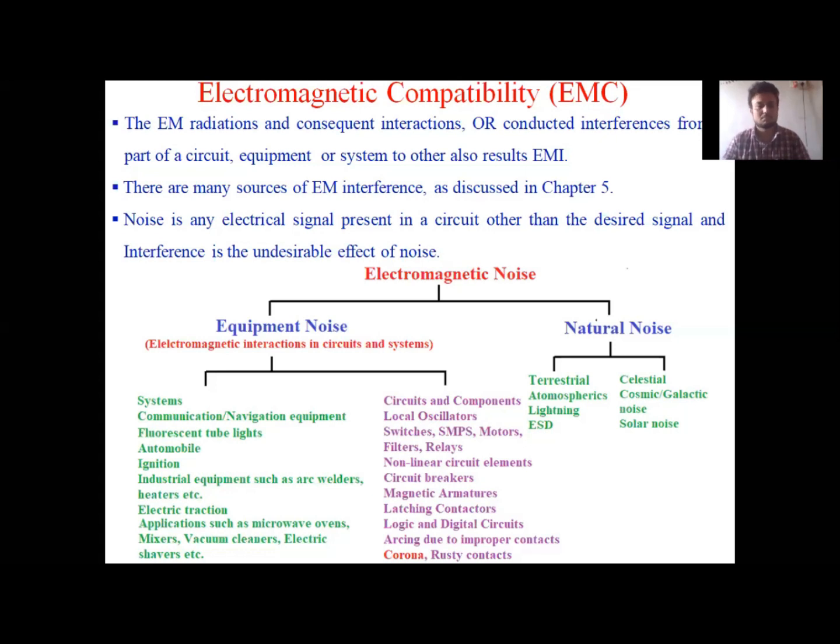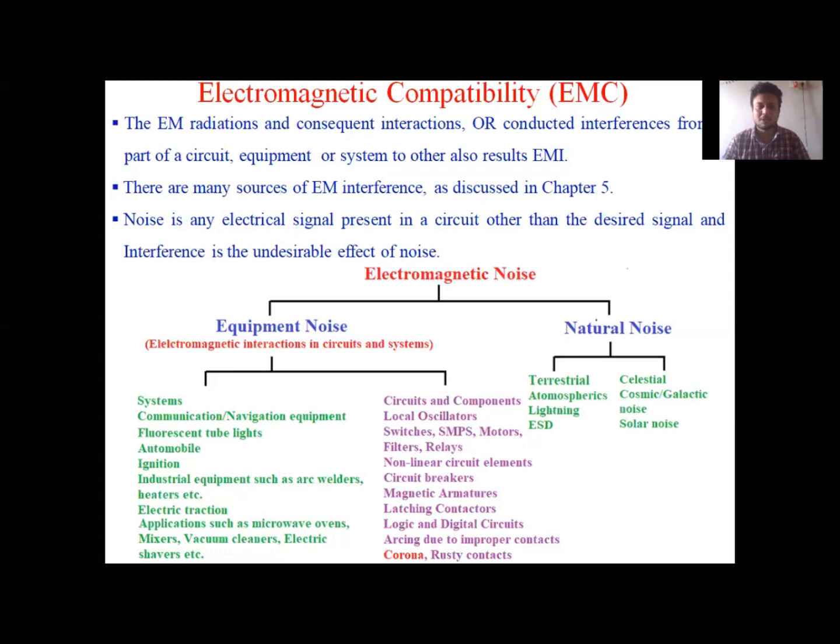And natural noise occurs because of natural phenomena. So what are the devices? When I'm talking about equipment noise or man-made noise, what are the devices which generate noise? In reality, all devices generate noise.